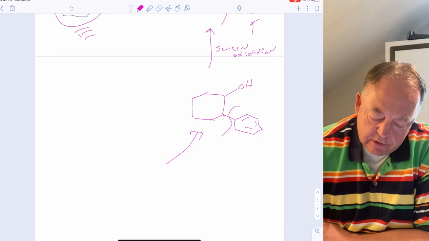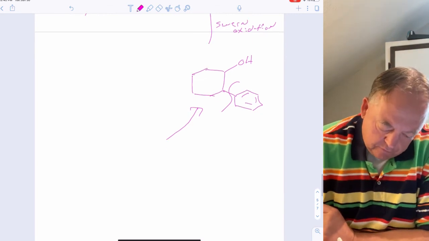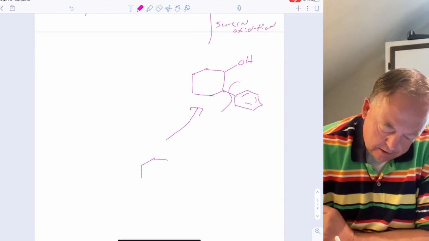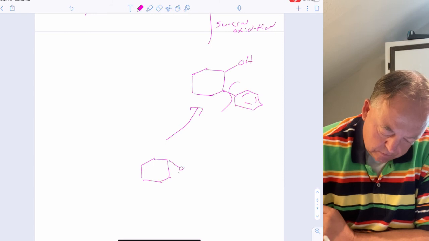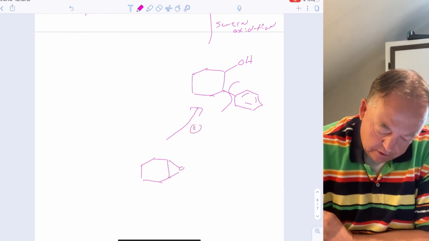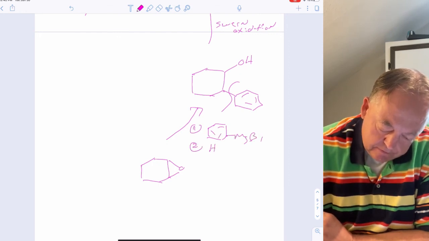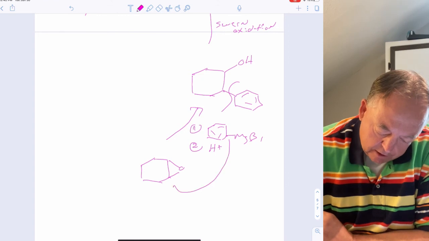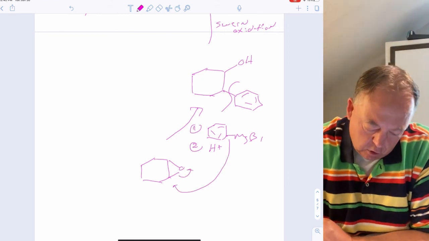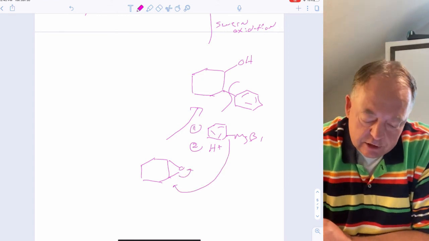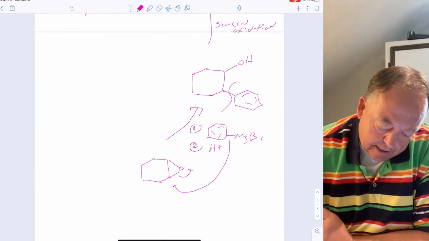So we could have unzipped this here. So if we had this epoxide and reacted it with that Grignard reagent, then this would attack here and open the epoxide up to make O-, which would pick up a hydrogen in the second step. So that would make that alcohol.